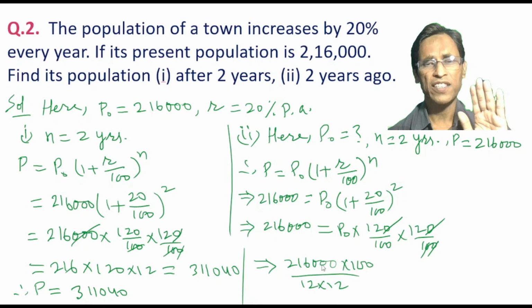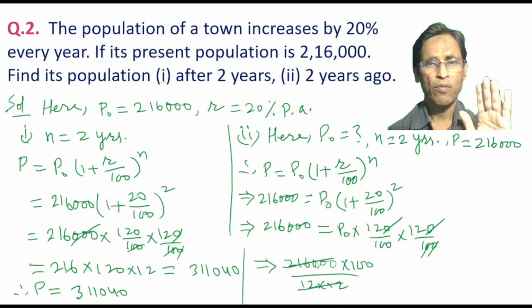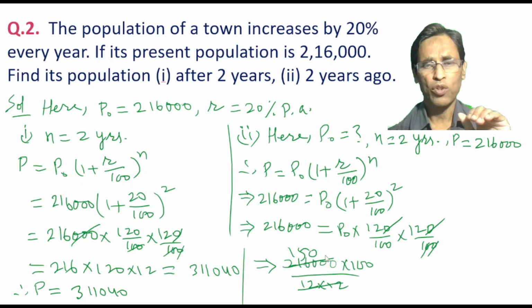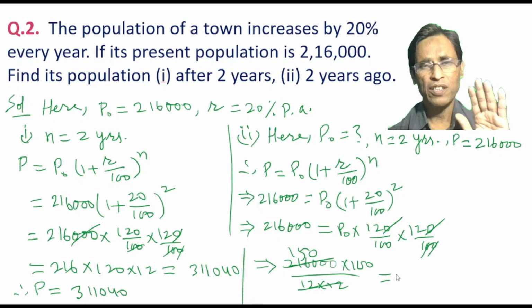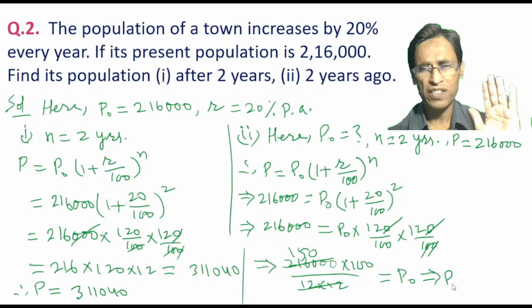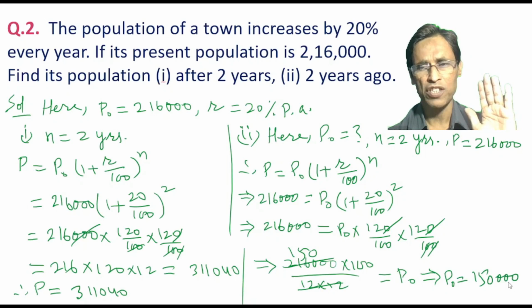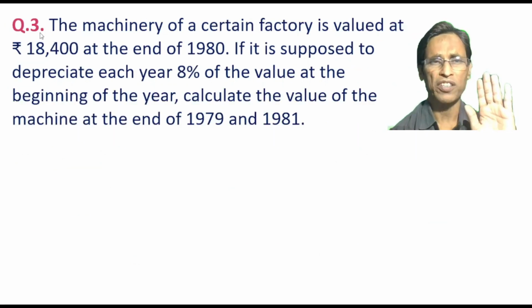Now 2,16,000 is divisible by 12 into 12, which means 144, in 1,500 times, and so it will be the value of the term on the right side, that is P naught. Therefore, the population of the town before 2 years, P naught, equals 1,50,000. Answer. Our next question is question number 3.